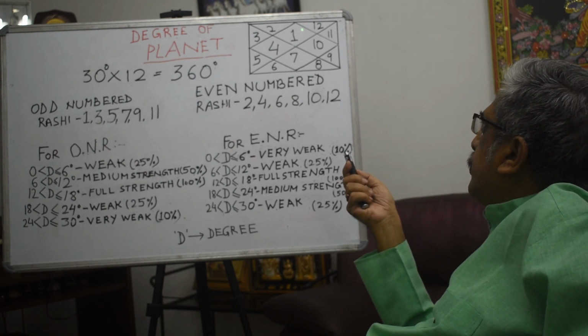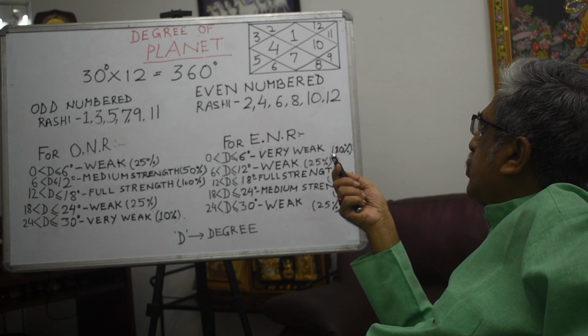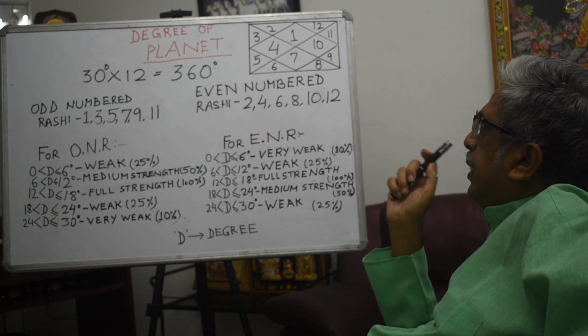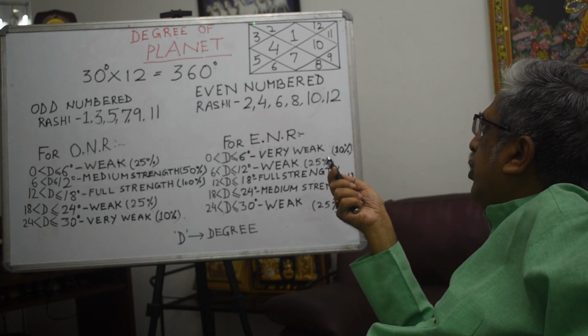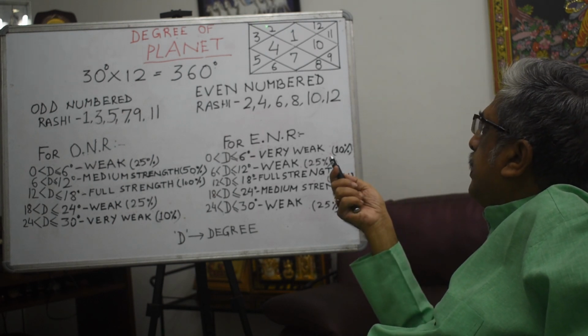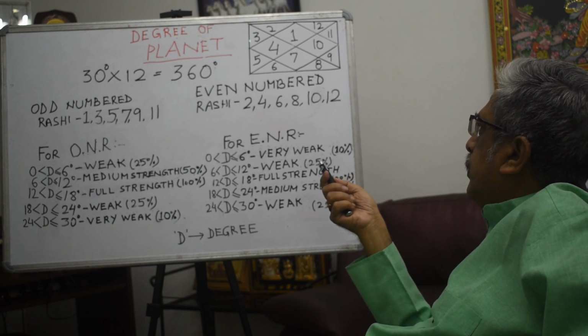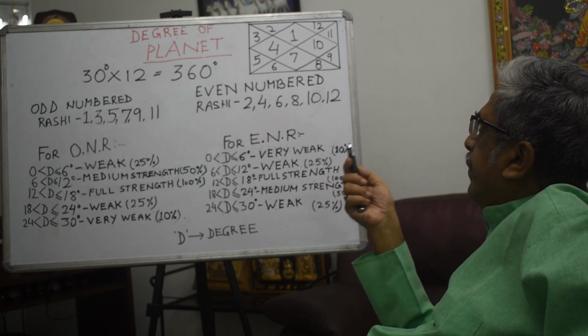if a planet moves in the first house from 0 degree to 30 degrees, and then comes to the second house, again 0 to 30. So it has traveled 60 degrees till the end of the second house. When I come to the third house, again 30 more degrees. So it will travel 90 degrees by the end of the third house.